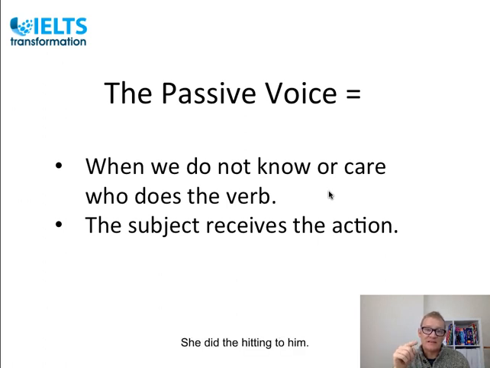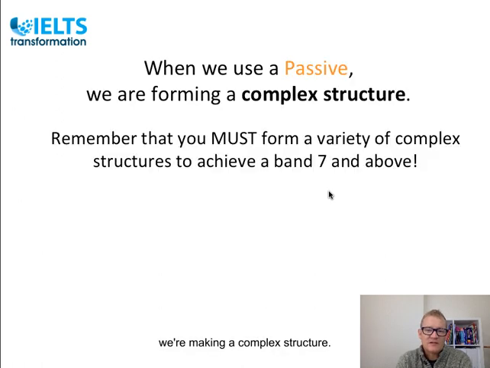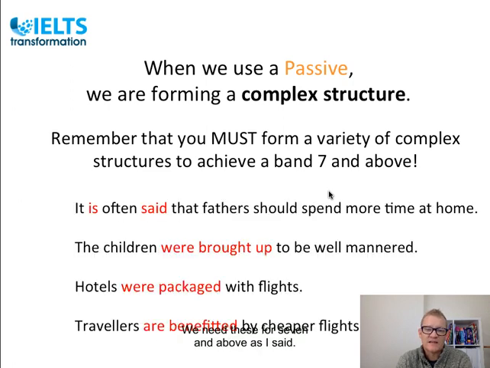She did the hitting to him. Whereas the passive, "he was hit". And if we know who did it, "he was hit by her", so he received it. Okay? So when we use the passive, we're making a complex structure. We need these for 7 and above, as I said.